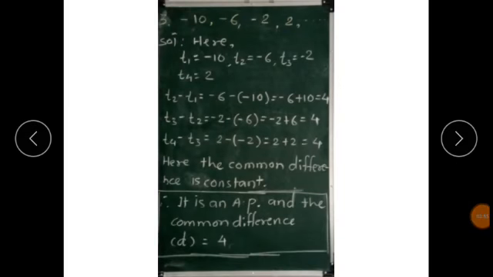Let us see the third example. The sequence is minus 10, minus 6, minus 2, 2. T1, T2, T3, T4. First the difference between the first two consecutive terms. T2 minus T1, minus 6 minus negative 10.